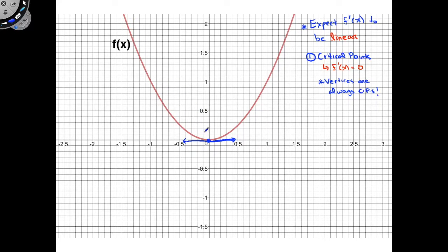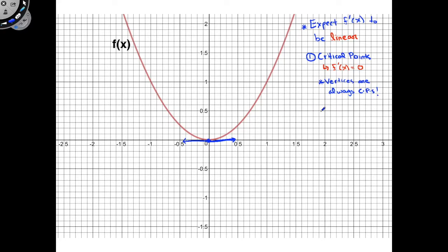Because you have something that looks like this, and naturally you should have a vertex down there. You should have a critical point down there. If you have a smooth curve, there has to be some point along this for which f prime of x must equal 0, where you have a flat tangent line. This is something that you should really keep in mind, and it's going to be a really powerful idea, because we're going to use this later on to evaluate local and absolute extrema, right? So just a handy bit of information.